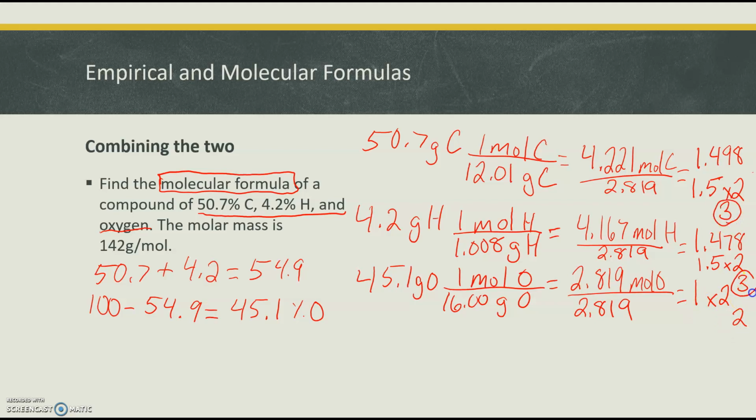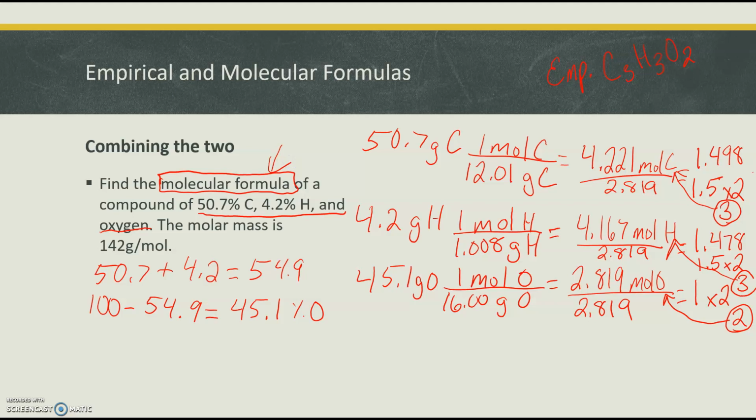These numbers, remember, are going to be our subscripts for their respective elements. 2 for oxygen, 3 for hydrogen, and 3 for carbon, making our empirical formula, which I'm going to abbreviate to EMP, C3H3O2. Step 1, complete. Now we have to find our molecular formula.